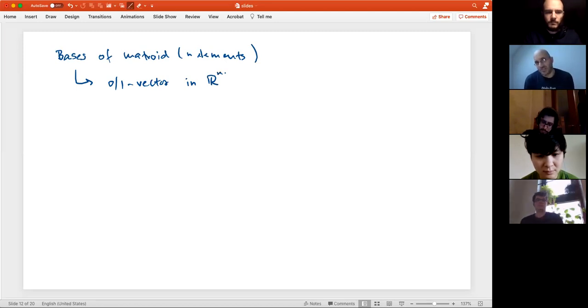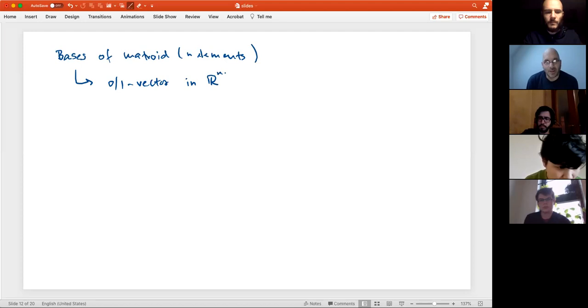For a basis, you have to tell me which elements form a basis. So this is a 0-1 vector. Now let's take the convex hull. So this is a 0-1 polytope, a polytope whose vertices have coordinates 0, 1.